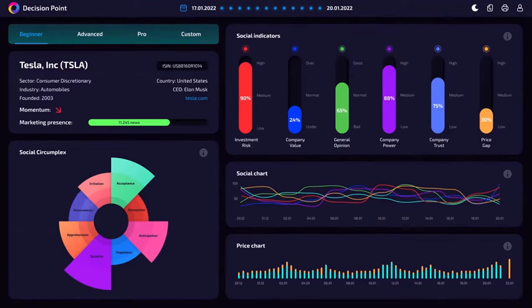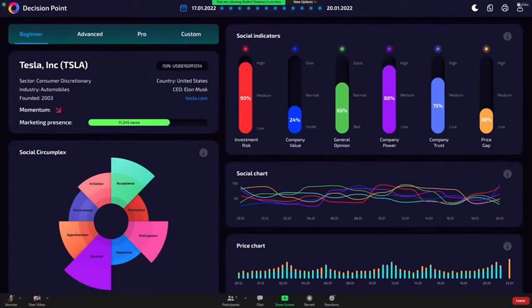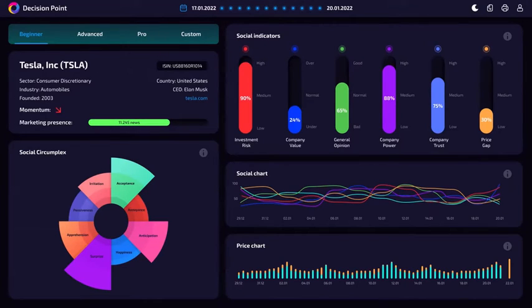Then we have the social charts. It basically displays the value of the social indicators on a defined timeline, as you can see in this example. And almost last but not least, we have the price charts. It basically displays the price of one share of the company each day. And last but not least, we have the social circumflex. I will let Adela speak on this topic.